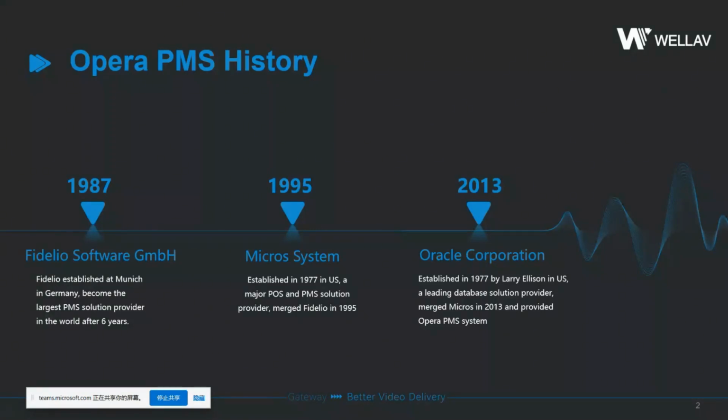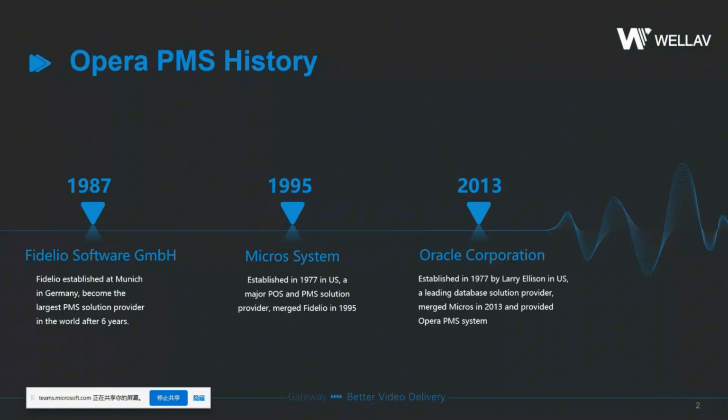Fidelio is a German company that was established in 1987, and after 16 years, that product became a mainstream property management system provider on the market for hotel and hospitality applications.